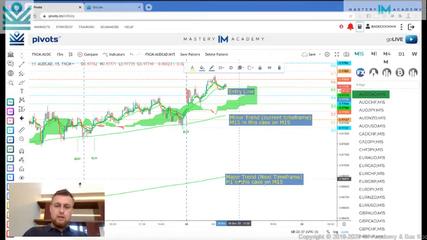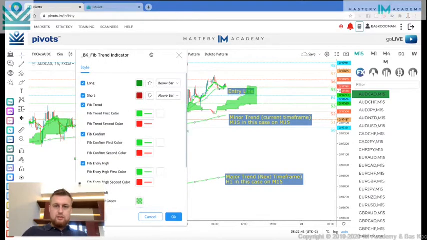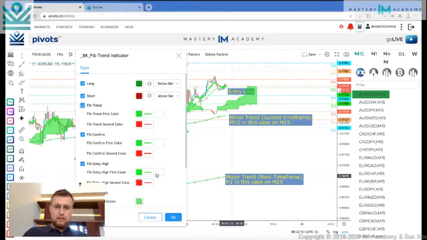So your major trend is what we also call, if you open the settings, this was just to make it easier, but the official is the confirmation line. The official trend line. So let me just say this is the official trend line. Then we have a confirmation on the current trend line, and then we have an entry, and this moment is the entry high.